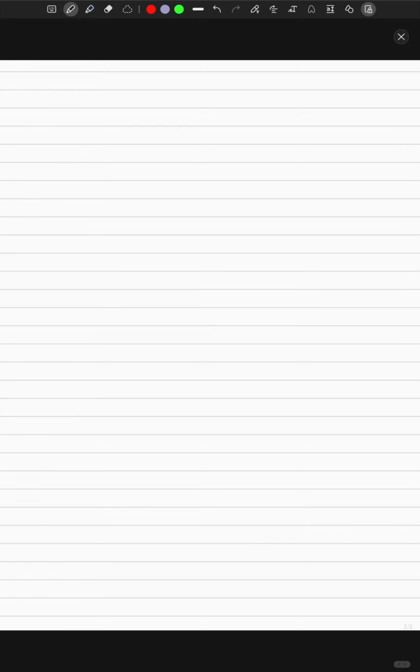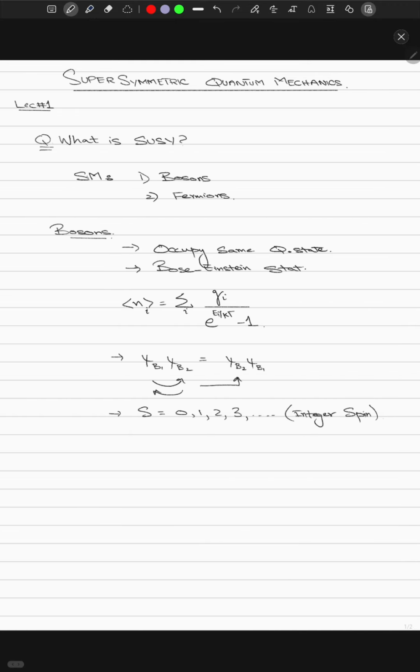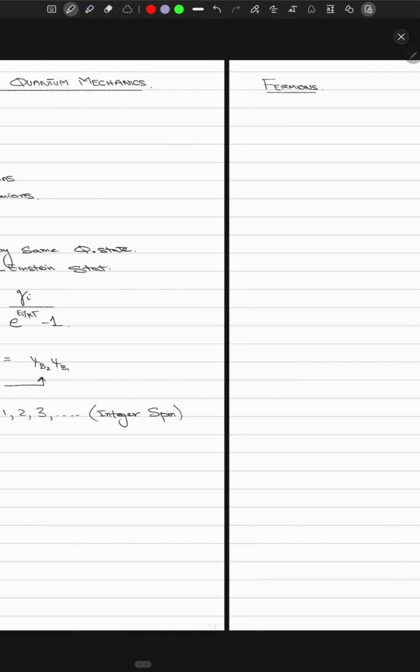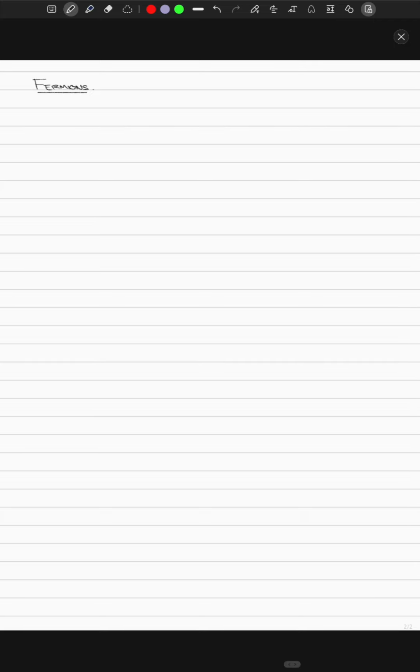So let's quickly also discuss fermions. What are fermions? We can use the same approach of describing them. Fermions strictly follow what is known as the Pauli exclusion principle, and I'm sure that you all know what the principle states, right?